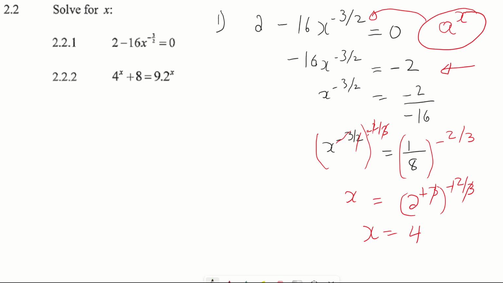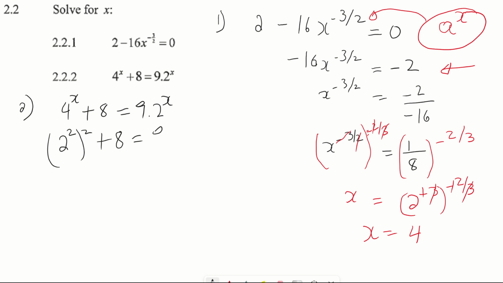At number 2, you are given 4 to the power x plus 8 is equal to 9 times 2 to the power x. I analyze it, we call it a global approach. I analyze my expression, the objects of this equation, who is there. I've got 4 to the power x and 2 to the power x, and I can write 4 as 2 squared because I want everything to have the same base.